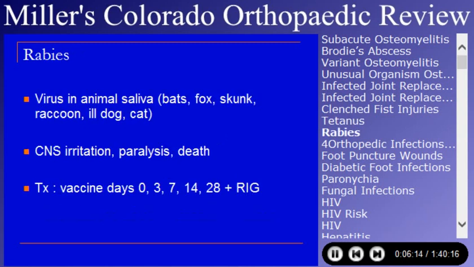Rabies occurs as a virus in animal saliva. It is common in bats, foxes, skunks, raccoons, dogs, and cats. Largely from a clinical perspective, at least in the East, the raccoon is the problem.